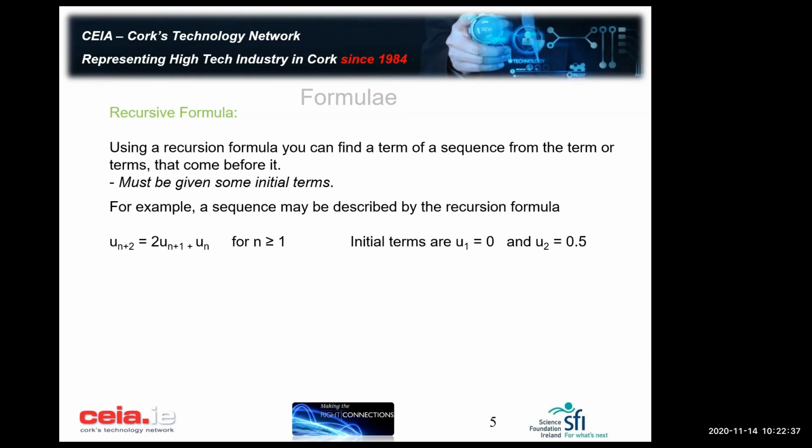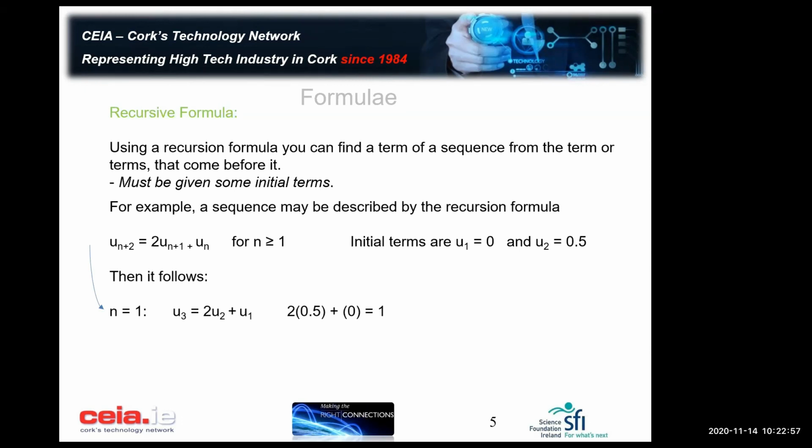So they've given us here now the initial terms that we need. And the initial terms are u of 1 is equal to 0 and u of 2 is equal to 0.5. So that's good. That's a start. So it follows then that for n is equal to 1, that gives us u3.